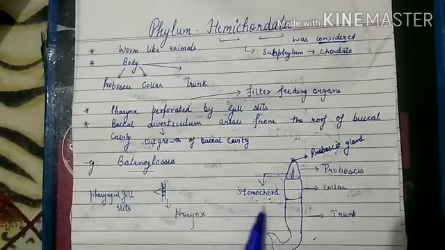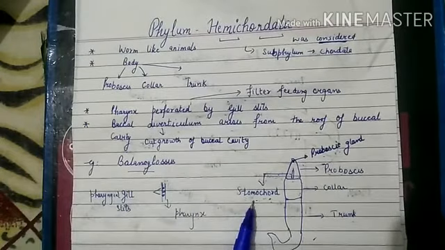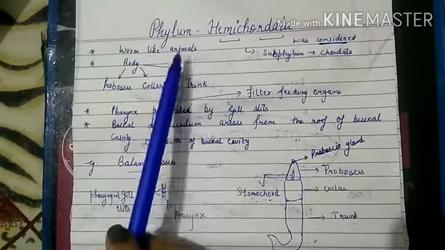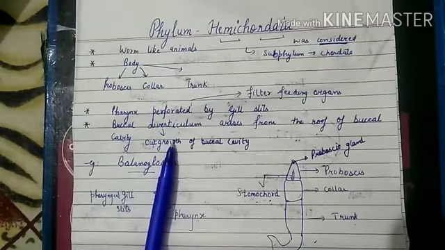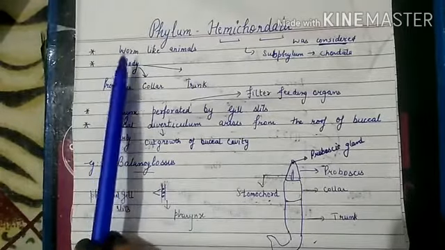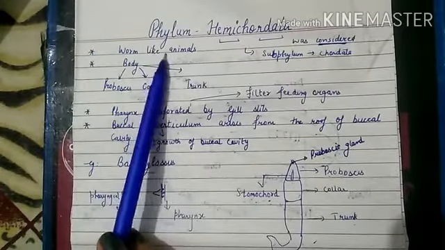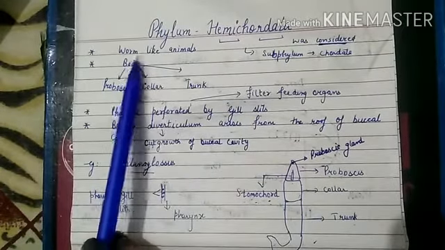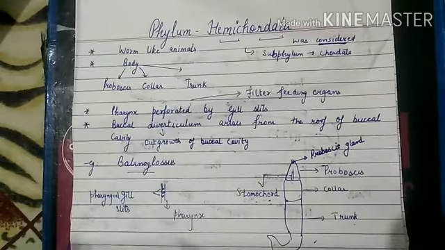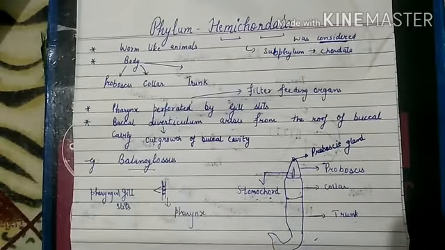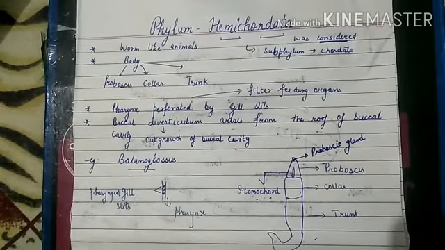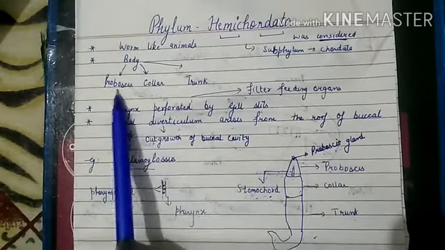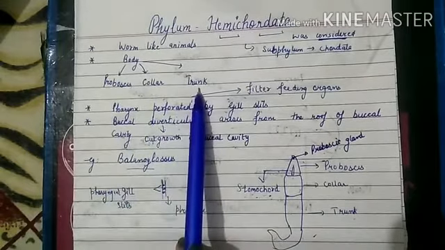To understand what a stomochord is, we will see the general features of the animals found in this phylum. Starting with the first point, the animals look like worms, so they are worm-like animals, and their body is divided into three parts named proboscis, collar and trunk.